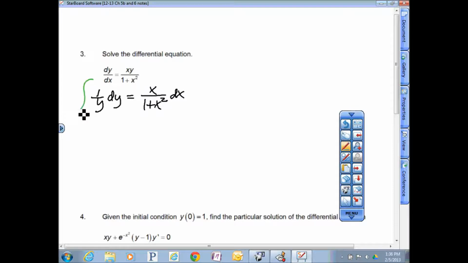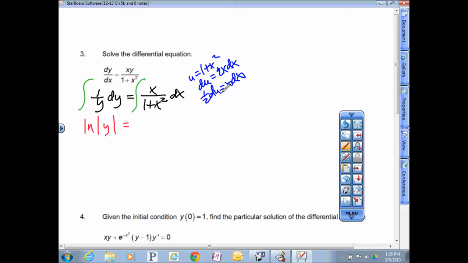Now we can integrate both sides with respect to their variable. So left side's going to be natural log absolute value of y. And the right side, we're going to probably do a little u substitution. So the right side, u would be 1 plus x squared, du would be 2x dx. So the x dx that's in the problem would be 1/2 of du.